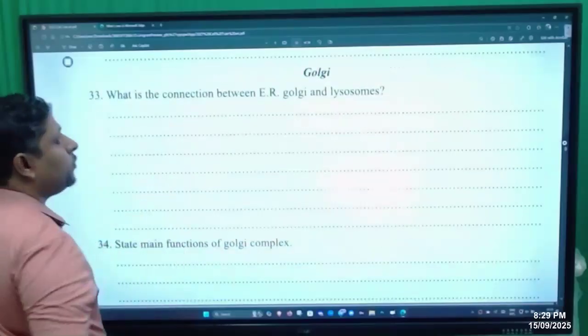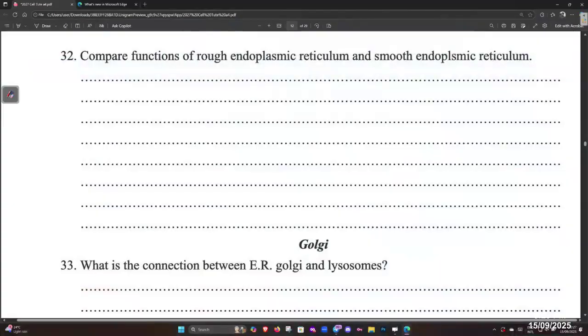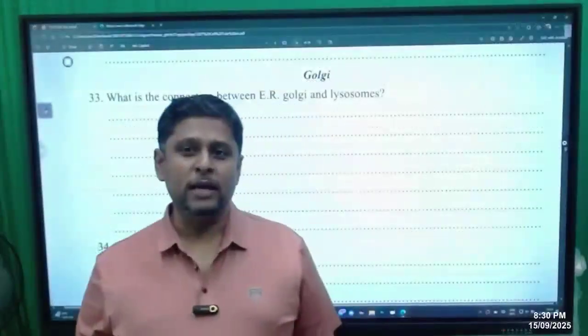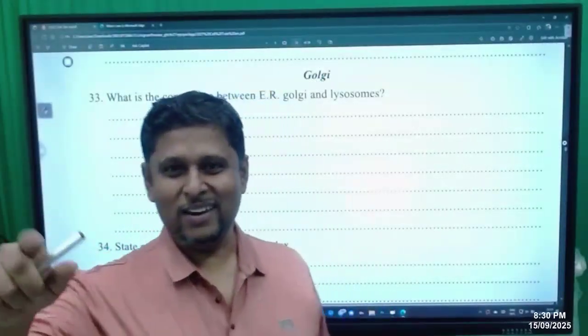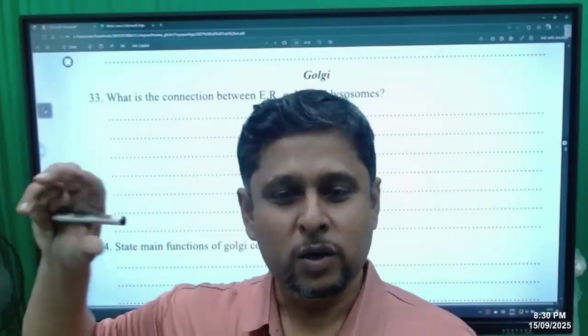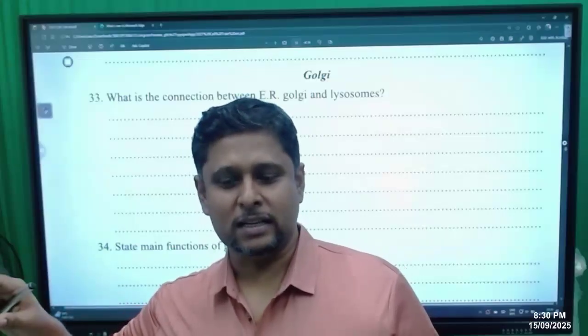Right, we are moving to the next question. Question number 33. They ask, what is the connection between ER, Golgi and lysosome? ER makes vesicles.